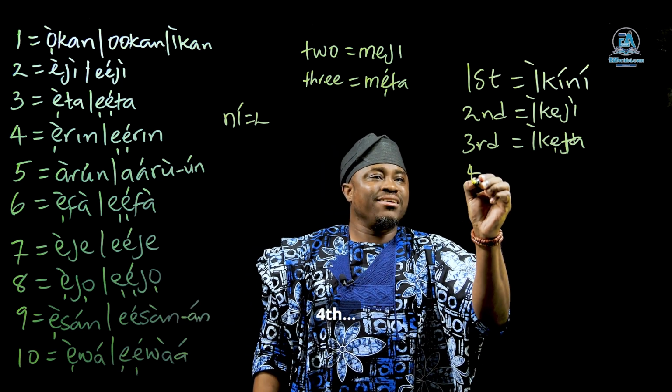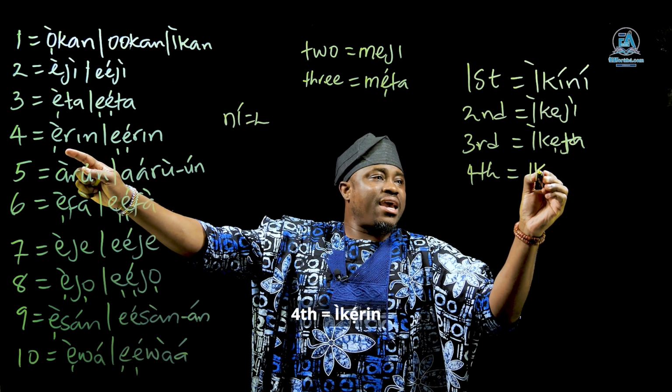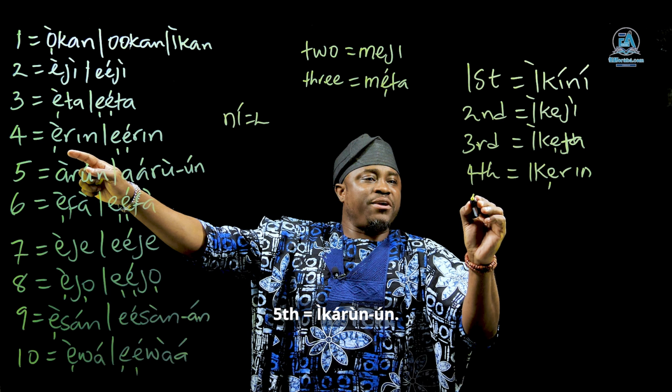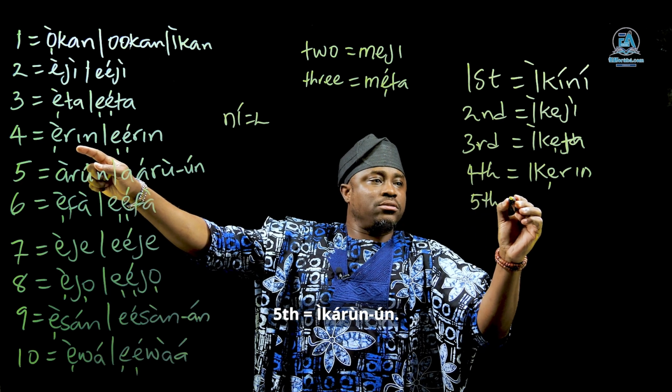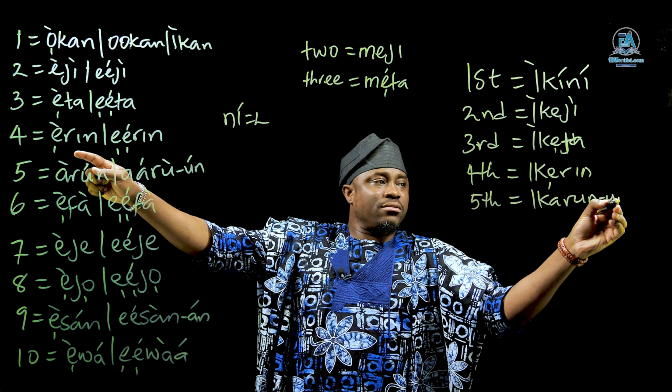So fourth becomes, can you guess it? Ìkẹrin. Then fifth becomes ìkarùn.